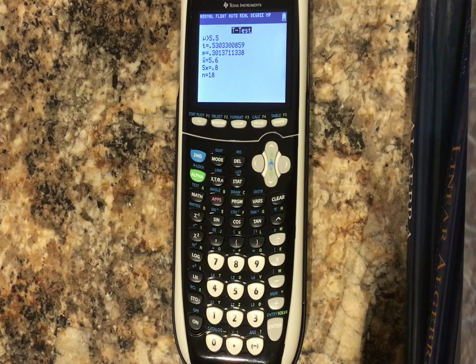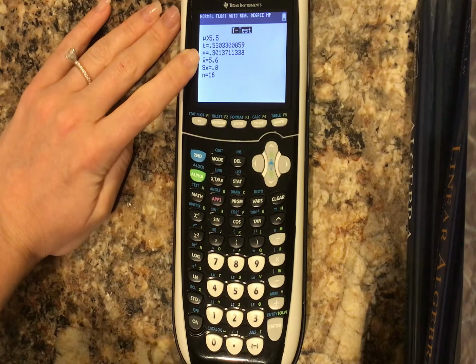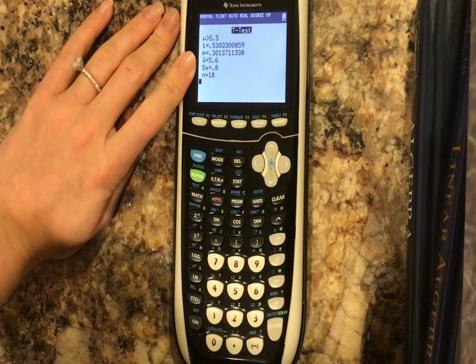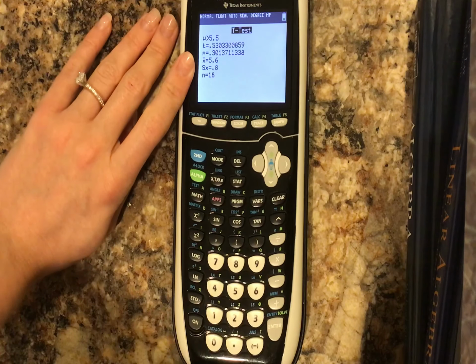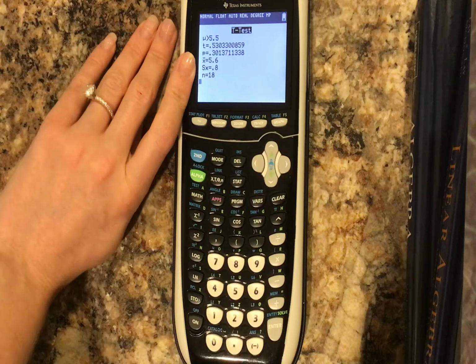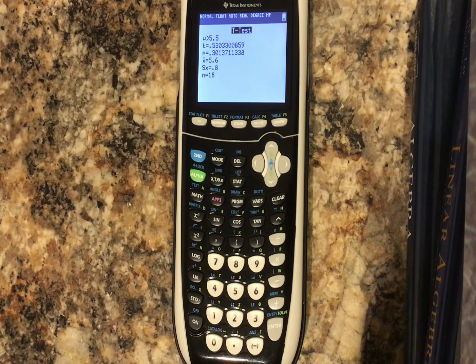Now, as I said before, there's a long way of doing it, which we've already looked at, but there's a short way of doing it. And that is to compare this p-value to the alpha value in the problem. If p is greater than alpha, then you're going to fail to reject. If p is less than alpha, then we actually reject the null hypothesis.